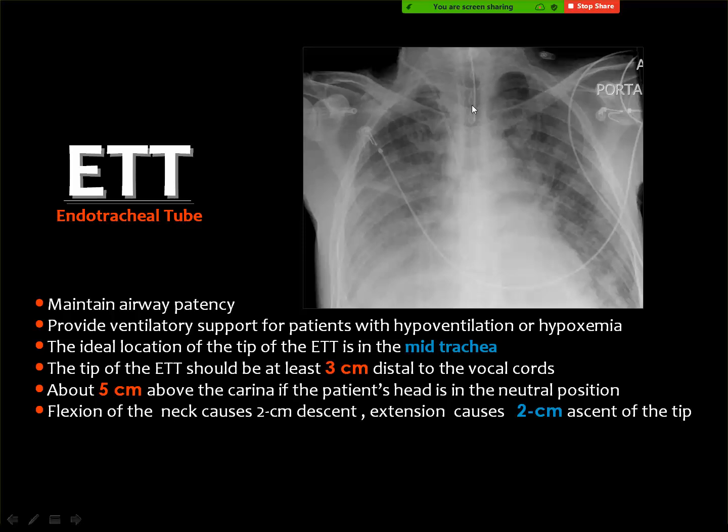Then the endotracheal tube best location is about 5 centimeters above the carina, and you consider that the endotracheal tube will go down by 2 centimeters with flexion of the neck and go up 2 centimeters with extension of the neck.